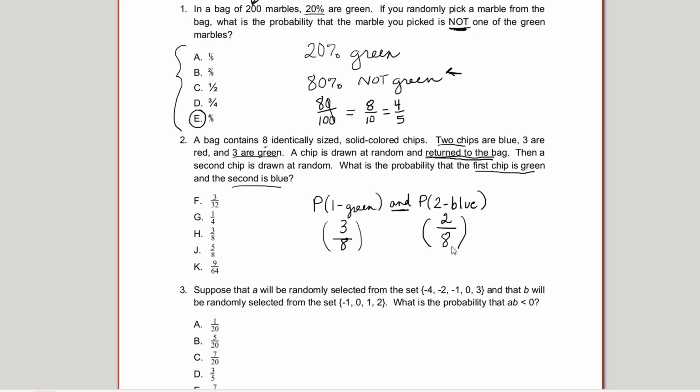We're going to multiply these together to get that probability. And we could do that by hand or on our calculator. We get 6 over 64, and we can reduce that down to 3 over 32 because our answer is in fractional form, and that is answer choice F, 3 over 32.